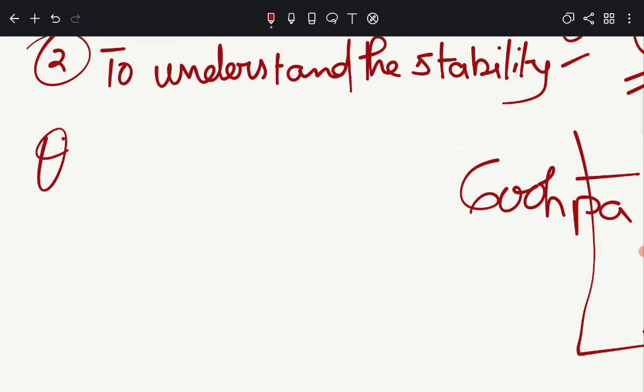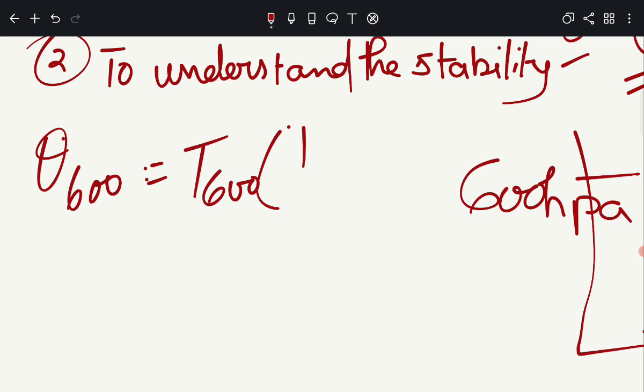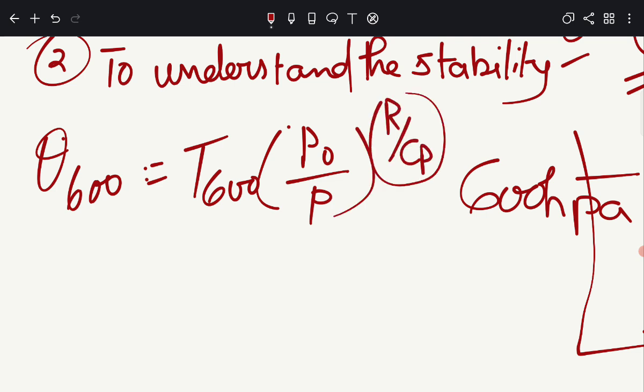To calculate theta at 600 hectopascal, first we need the temperature at 600 hectopascal, and then P0 by P to the power R by Cp. This is always constant for all kinds of air parcel.